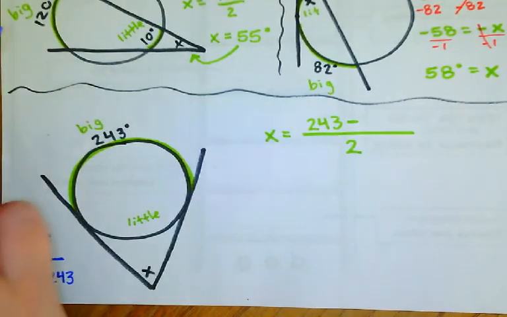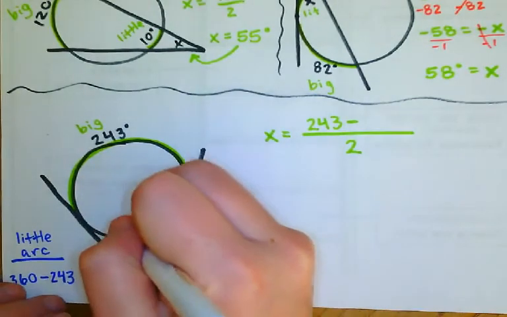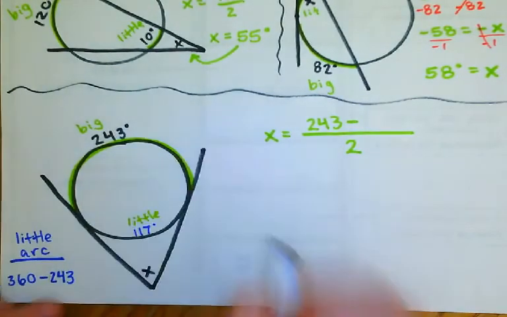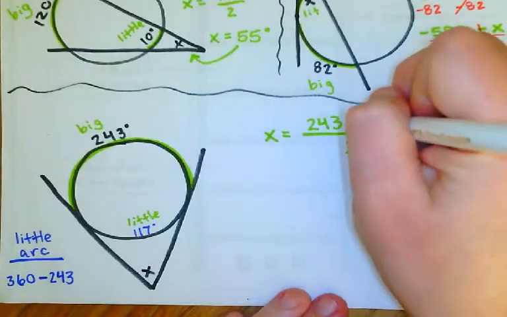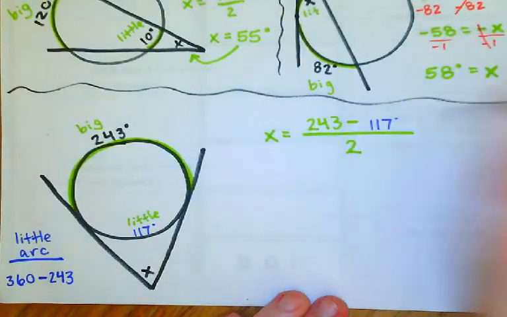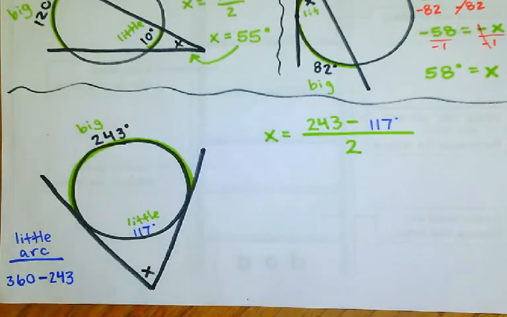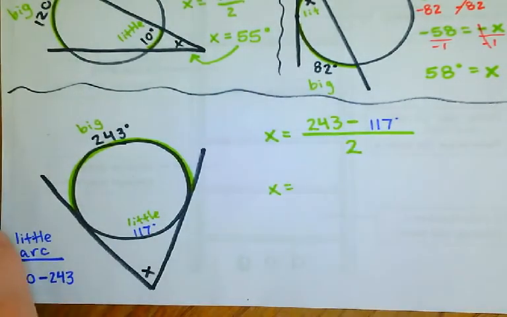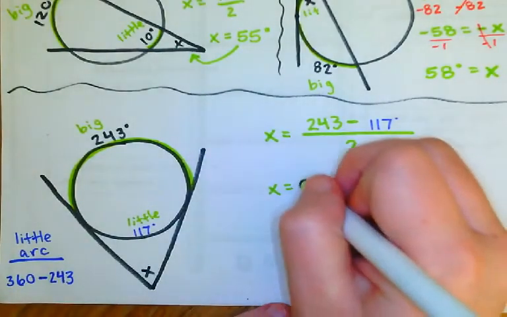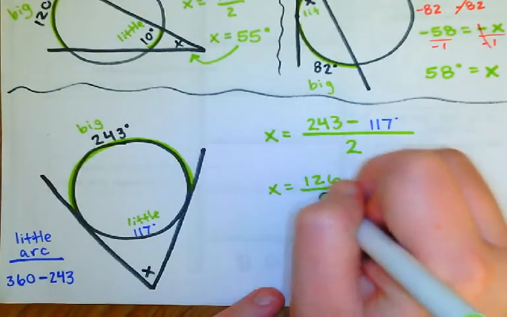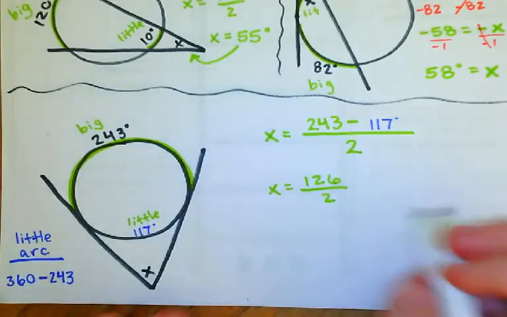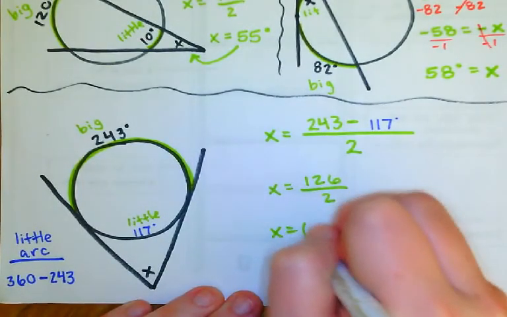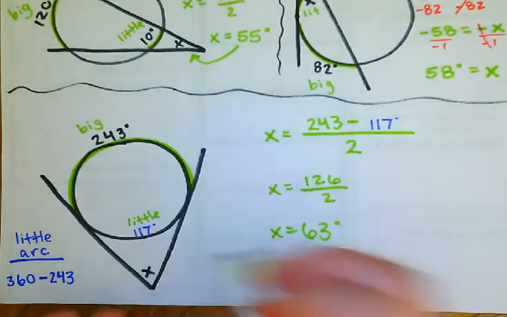So, our little arc is going to be 117 degrees. That's what I can put in here. Alright. Now we can solve for our x. 243 minus 117 is 126, and when we divide that by 2, x is equal to 63 degrees.